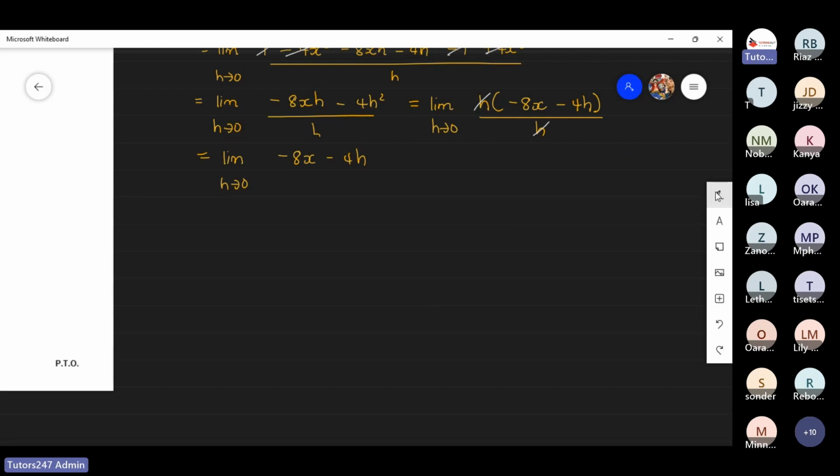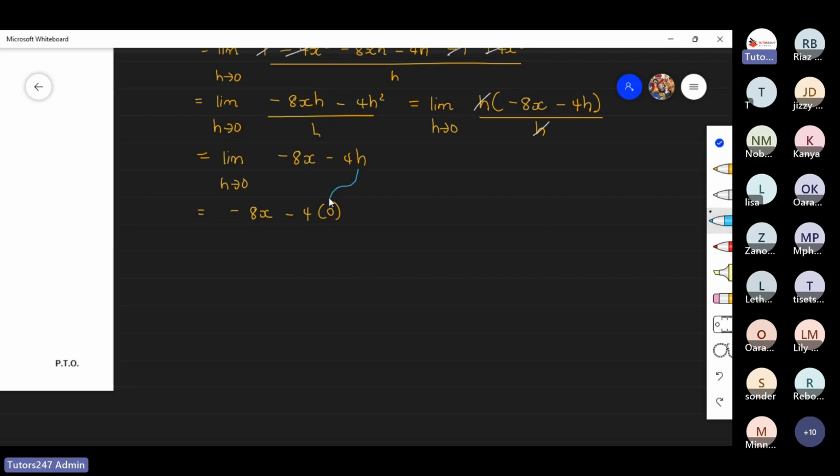Because we are now substituting, we no longer need to bring down the limit as h approaches 0. Think of it as, because you are substituting, you're getting rid of it, or using it up, so you cannot bring it down. So at the step whereby you substitute h equals 0, you do not bring down the limit as h approaches 0. So we have negative 8x minus 4, substituting h as 0.